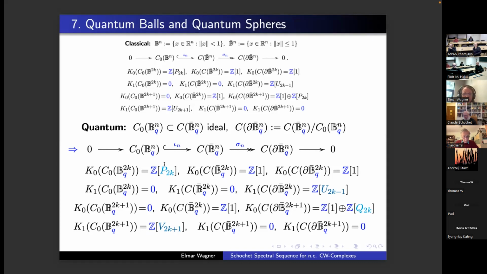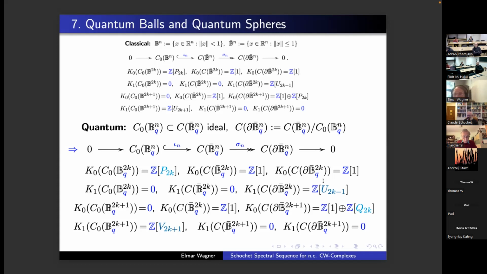It doesn't matter too much, but I put here a name for the generator because if we look now at the K0 of the boundary of an odd ball, that gives an even sphere. So these generators don't have to have any relation. These are different algebras. So I don't care about this relation we had in the classical case, just Z. So this is one copy of Z. Then closed ball trivial, just one.